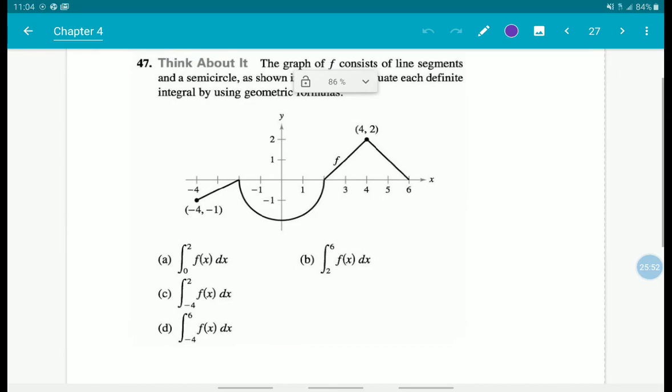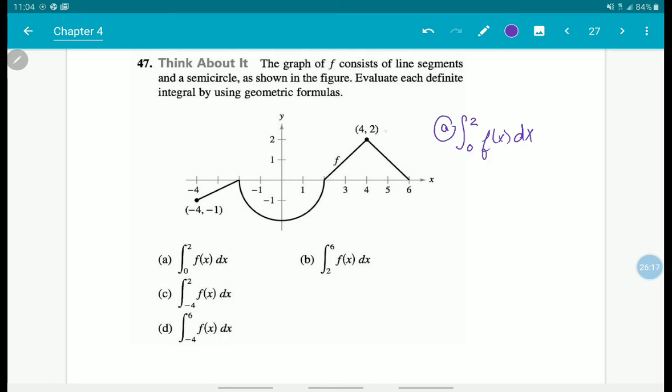So then let's look at this last set. They're giving us a formula that we could find pieces geometrically. And we're going to use that to our advantage. Let's look at part A. I'm going to write over here. We're integrating from 0 to 2 of f of x dx.